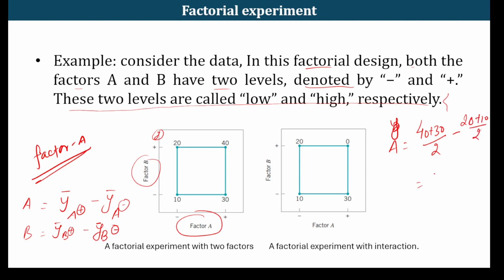That is 35 minus 15, which equals 20. Wait, 40 plus 30 is 70, so 35 minus 15 is 20. It means if we change from minus to positive, a 10 unit difference is going to come, a 10 unit effect.